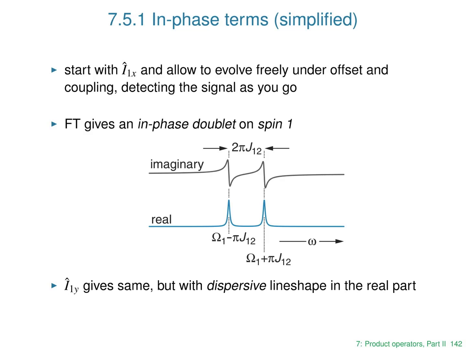So instead of the real part being two absorption modes, the imaginary part will be two absorption modes. So there's just a 90-degree phase shift between those two. So I1y is an in-phase magnetization, meaning that if you observed it, you'd see a doublet with both lines of the same sign.